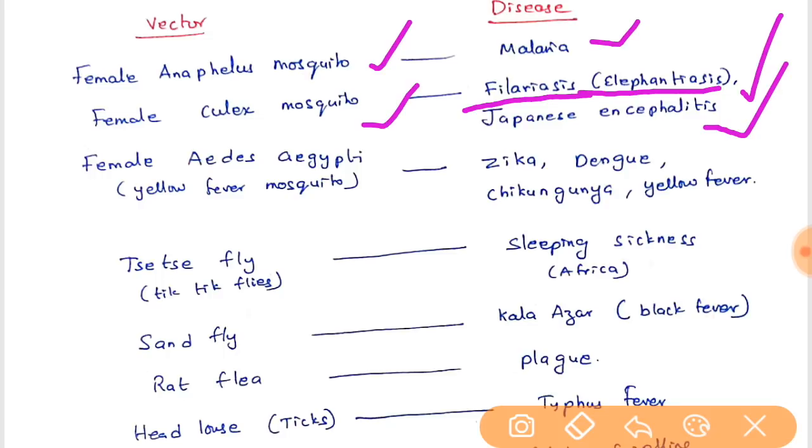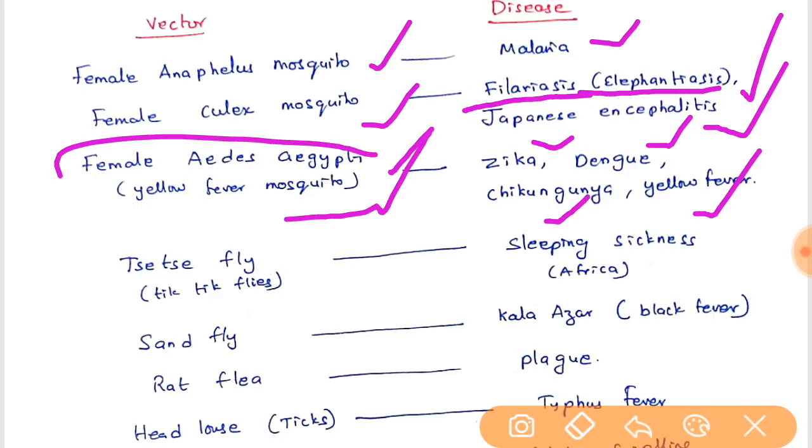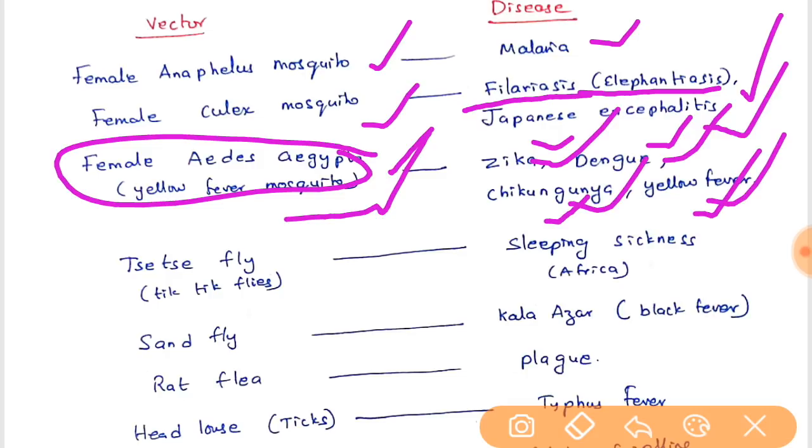You can see the swelling of the palm or leg in a person due to this filariasis. The female Aedes aegypti mosquito, or yellow fever mosquito, causes Zika, dengue, chikungunya and yellow fever, friends. See, friends, one small mosquito causes many diseases: Zika, dengue, chikungunya, yellow fever.